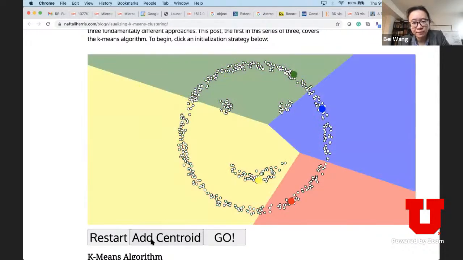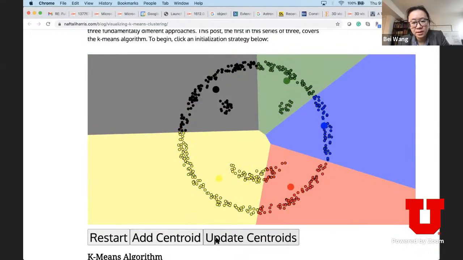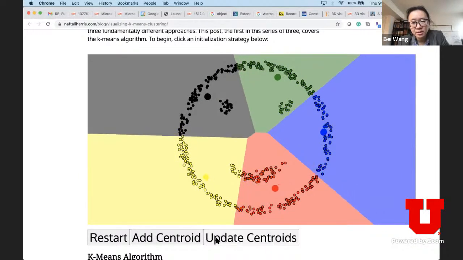Let's say I add 5. As I go through, you can see that how my initial assignment is affects my final results. K-means is a very widely used clustering algorithm, but depending on your randomization and your initial choice of centroids, it's going to affect your final results. It also depends on what K is, which will influence your final results.